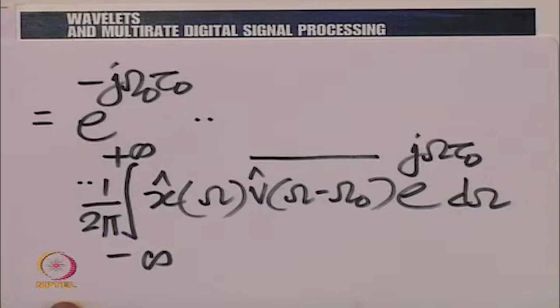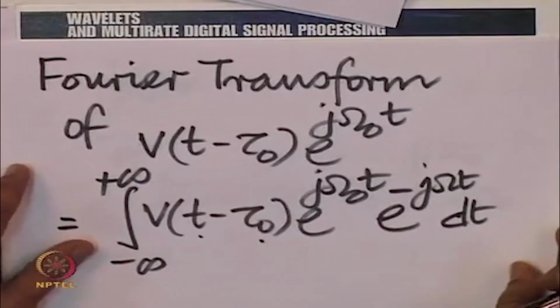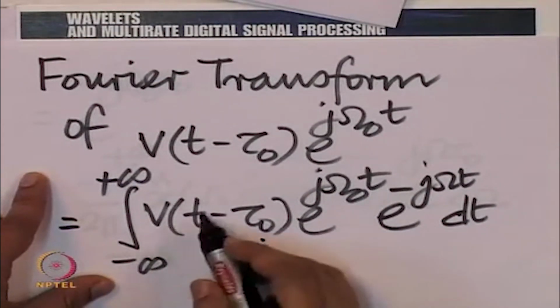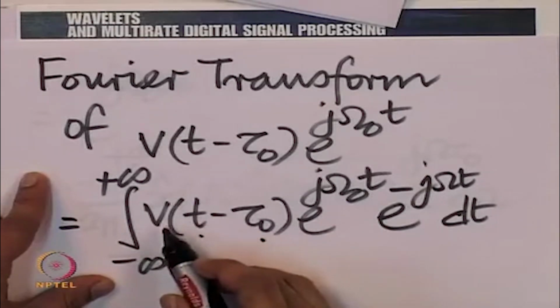If you will just go back a few steps, we had the expression for the short time Fourier transform in time. Let me put back that expression for you. That expression is here. What did we do there? We did exactly a dual thing in time.